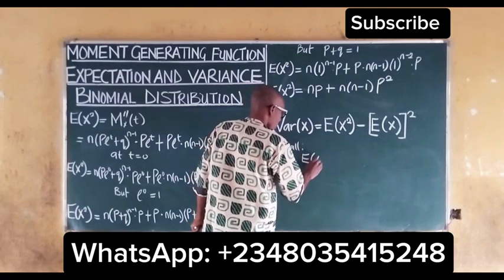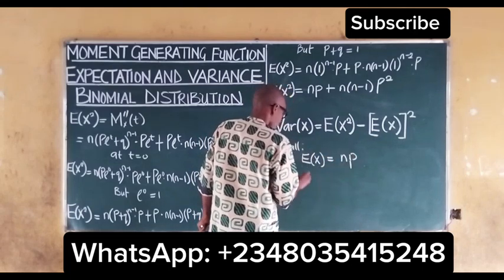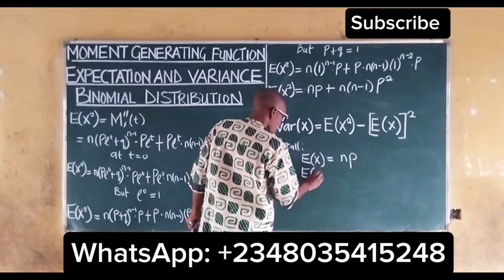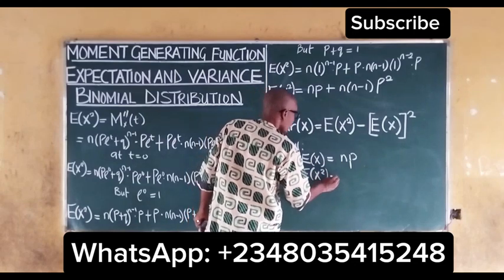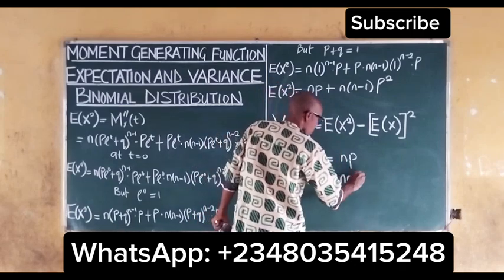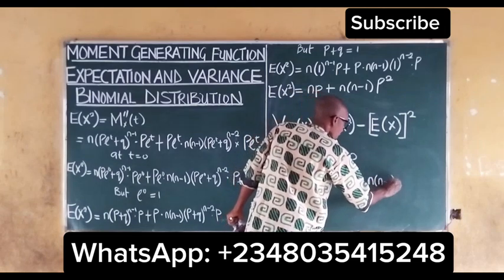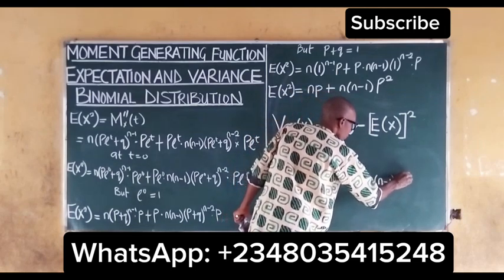our expected value of x is equal to np, and our expected value of x squared is equal to np plus n into n minus 1 p squared.